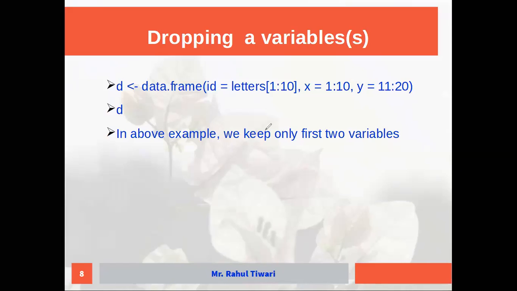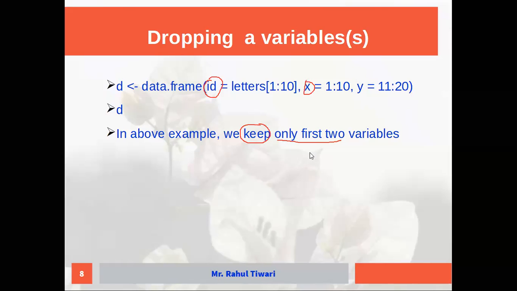For only the first two variables, we want to keep the ID variable and X variable, and the other variable should be removed, or you can say it is dropped. So that means I am actually interested in dropping Y. Whenever we write the code for dropping, what will be the code for this? That means I am interested in keeping only the first two variables.